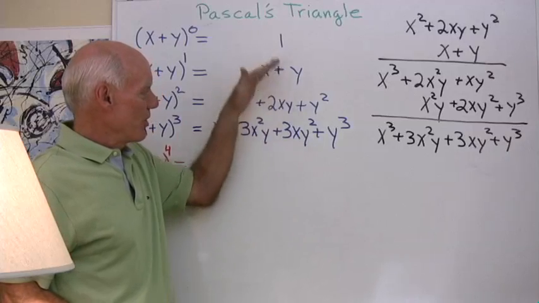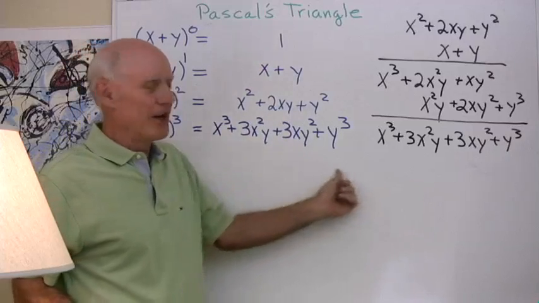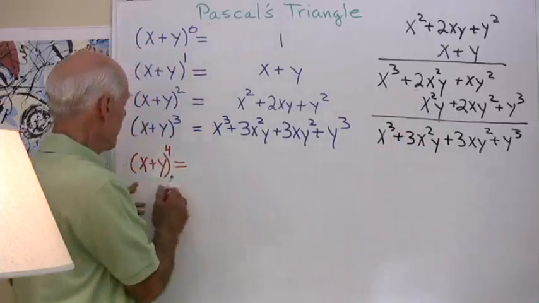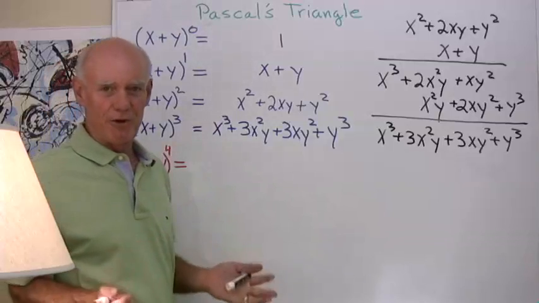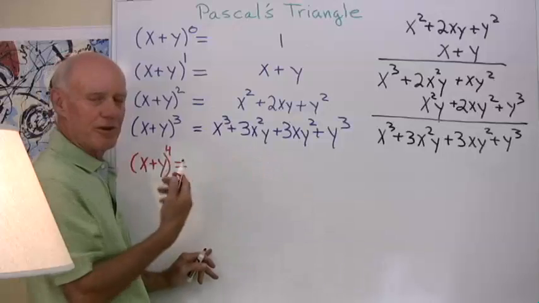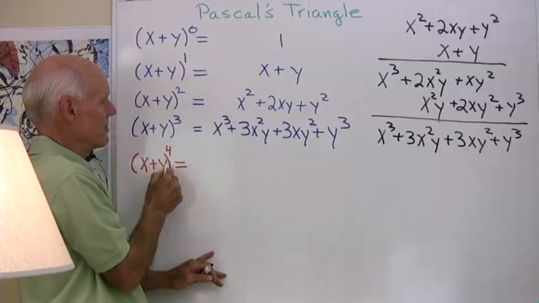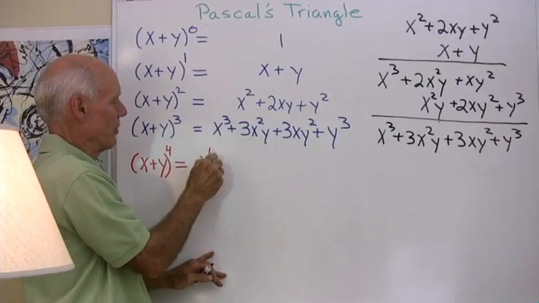Now what I want to do, with our inductive reasoning, is just fill in the next row here without having to go through this long multiplication process. So if I ask you what x plus y to the fourth power is, and I say, well, for instance, just give me the first term, you're going to look at this pattern here with these exponents and say it's going to be x to the fourth.